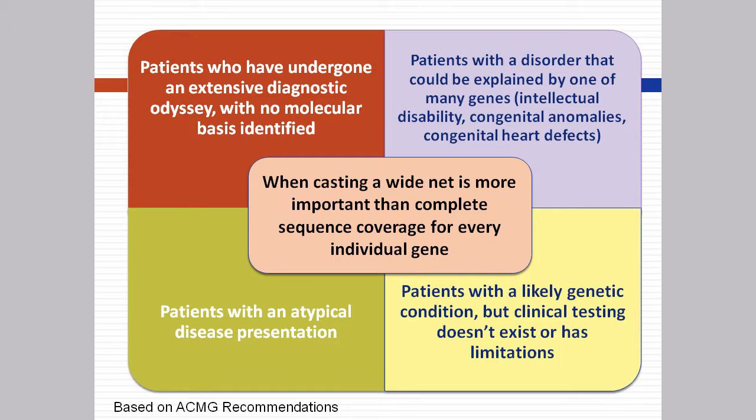It also can be used for patients with disorders that can be explained by many different causes, such as intellectual disability, developmental delay, hypertonia, congenital heart defects, or also congenital anomalies. Often we also get referrals for patients who have a very atypical disease presentation, or for patients who very likely have a very rare specific disorder, but there is simply no testing available right now.